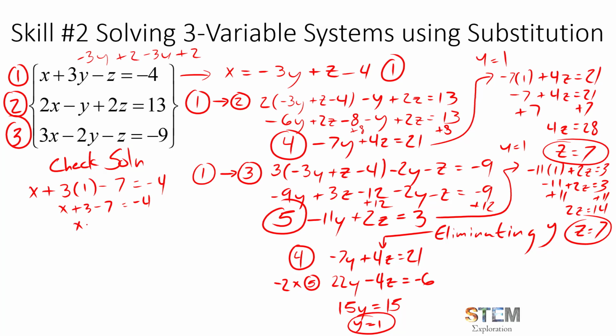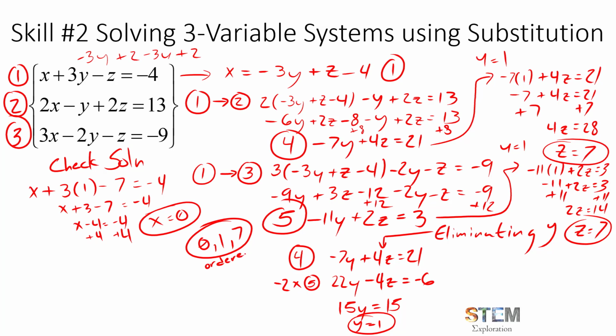So we'll have x minus 4 equals negative 4. Add 4 to both sides. Oh, so x is equal to 0 in this given case. So based on this information, I would see that my ordered triple would be 0, 1, 7. All right, this is our ordered triple.